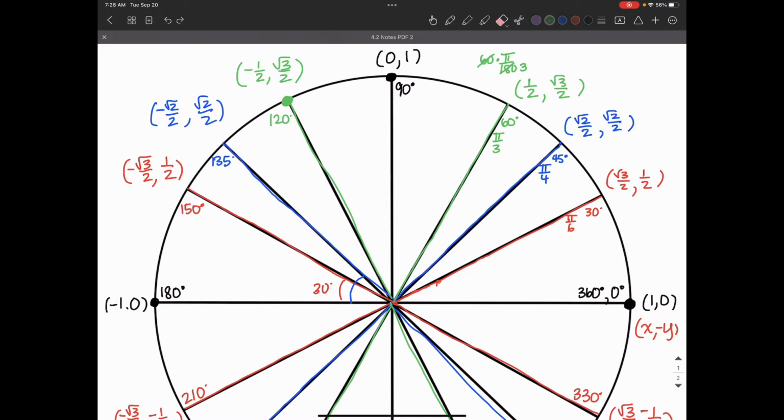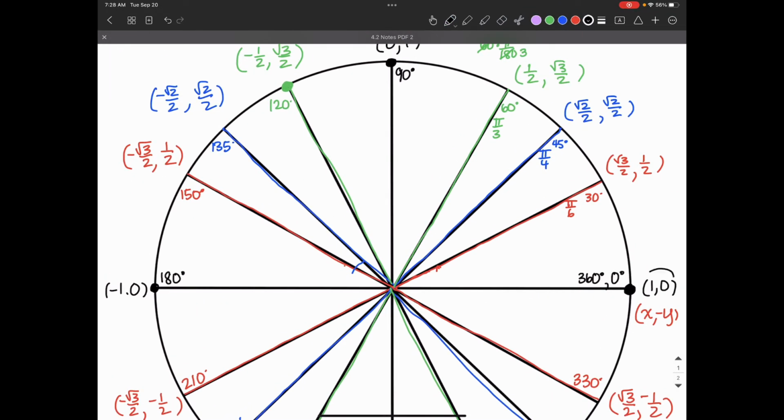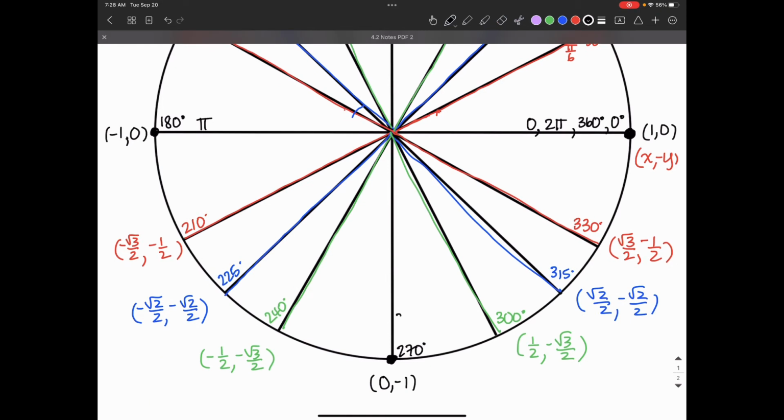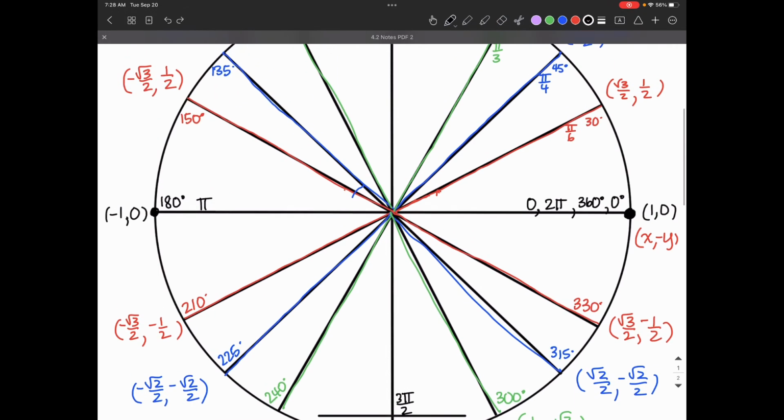So I'm going to label the major points, so 1, 0, 0, 1, -1, 0, and 0, -1. 1, 0 I know is either 0 radians or 2 pi radians. 90 degrees we talked about is pi over 2 radians. 180 degrees we talked about is pi radians. And 270 we talked about being 3 pi over 2 radians. So I'm just going to use those to find the other things in radians.